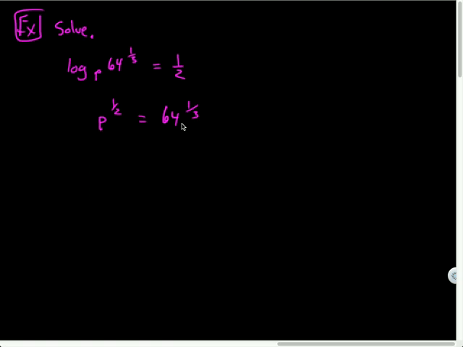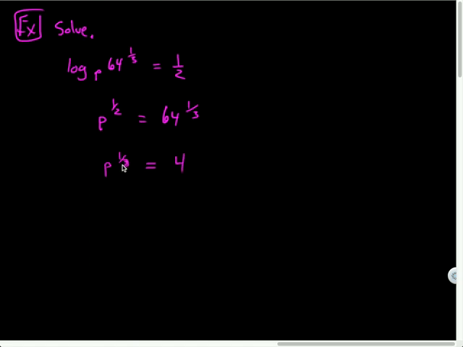I could technically use some of my other properties first. I could have moved that 1/3 out front, things like that. What is 64 to the 1/3 the same as? Did you divide 64 by 3? No, that's the cube root of 64, which is in fact 4.